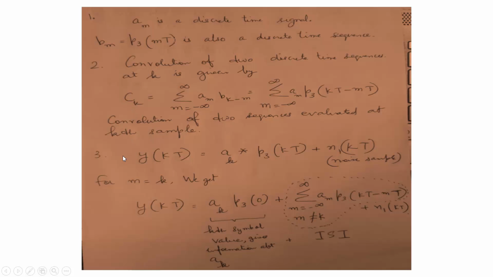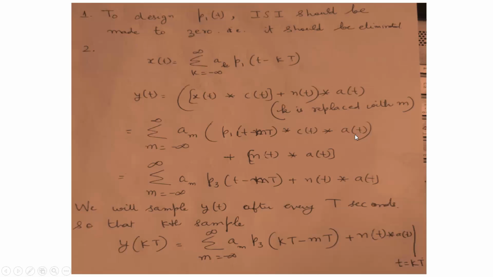All right. So y(kT) at the kth sample, that means the kth sample has arrived, and we are doing the sampling. So it will be equal to a_k convolution p3(kT) plus this noise part, because the convolution of the noise with the impulse response of the match filter also gets sampled at t equal to kT, right?